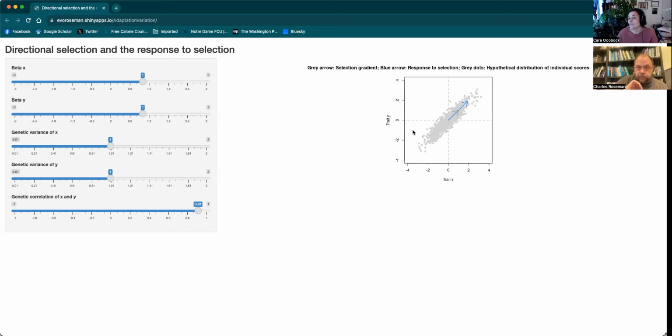This is because the selection gradient is pointing along that axis of the most variation. So if you look at that ellipse, there's a major axis that goes from point to point, more or less on a 45-degree angle. You can think of that as a principal component. Then you get the benefit of not only the selection that's acting on the one characteristic, but a correlated response from selection acting on the other one.